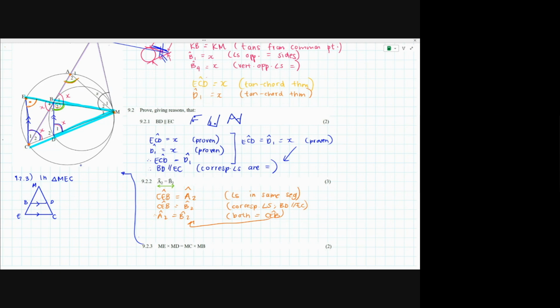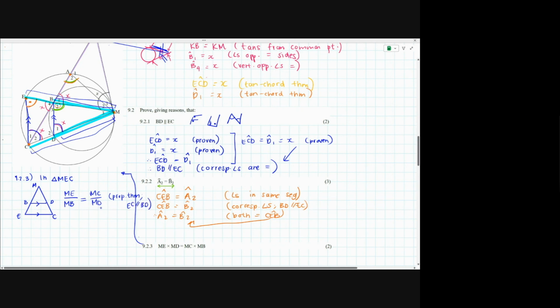So we know that ME, remember the whole long side here, to MB, the smallest segment at the top, is in proportion to the whole side length, MC, to the little segment at the top, MD. And this is all because of my proportion theorem. Because I was given that parallel line, or I've proven those lines parallel rather, I know I can use my proportion theorem. EC parallel to BD.